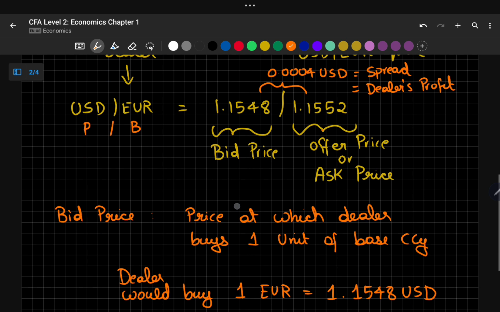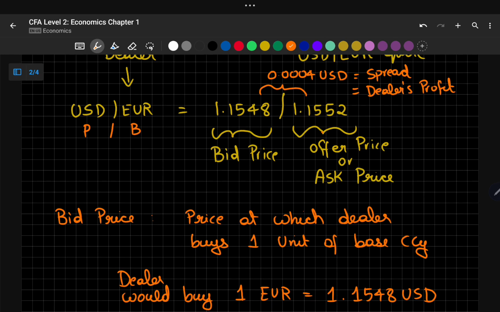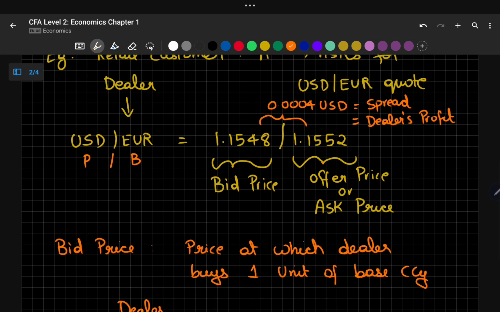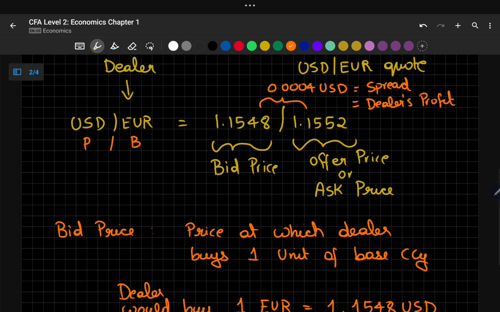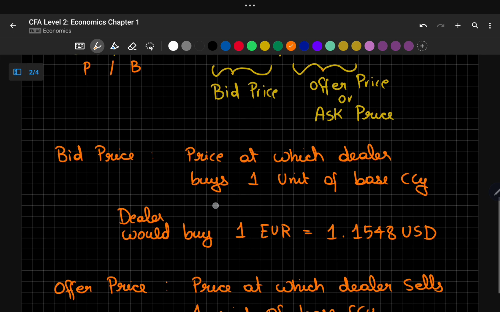So when the dealer quotes two prices, that is the bid price and offer price, the difference between them is known as the spread, and that is the dealer's profit.